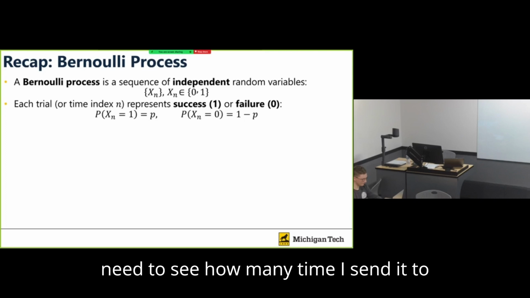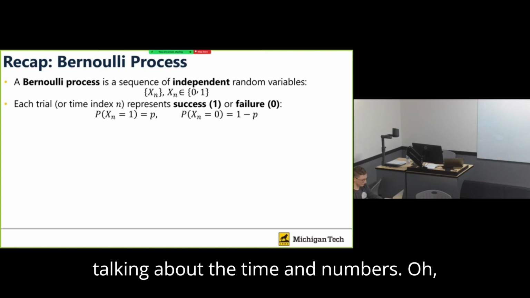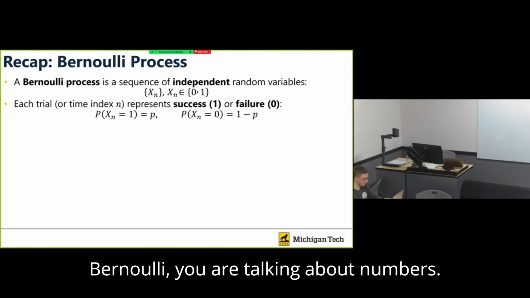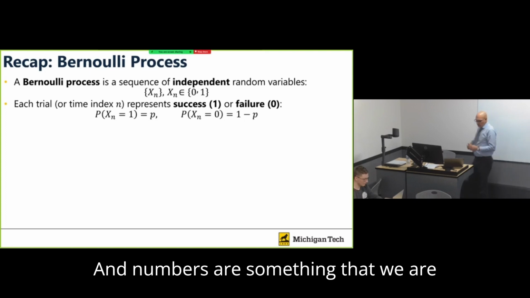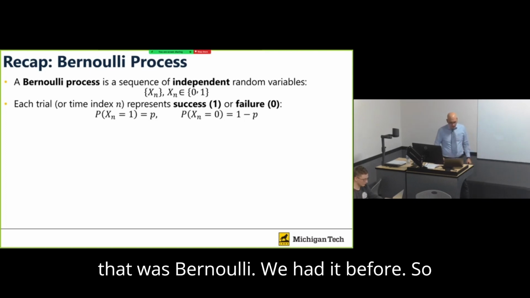Sometimes you need to see how many times you sent it to get a result. We're talking about time and numbers. The number is the important part. In Bernoulli, you are talking about numbers, and numbers are something we'll be dealing with soon. Okay, so that was Bernoulli.